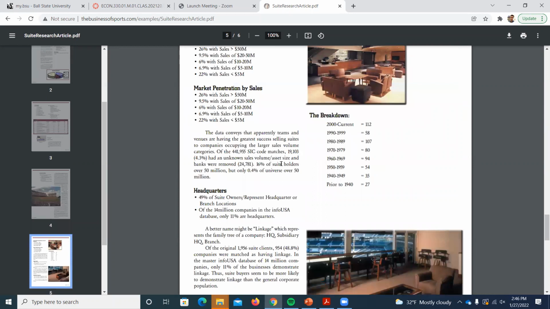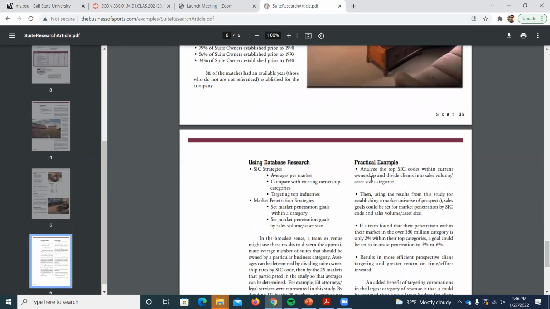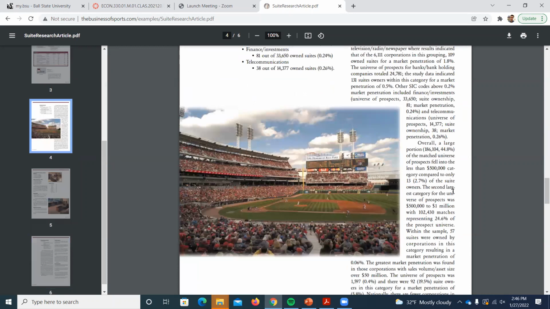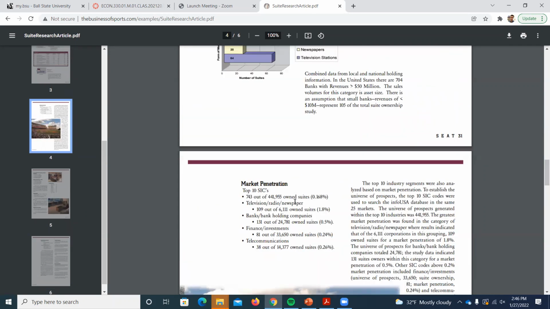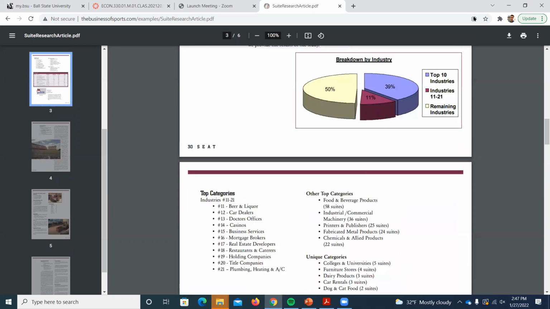There's another interesting one down here. Let's see if I can find it. Oh, there's something about the types of firm. It's talking about how many companies in these different industries are actually owning suites. So it's some interesting data. But really, the ultimate conclusion of this is that companies are probably really the ones that are driving a pretty substantial amount of that price for these luxury suites.